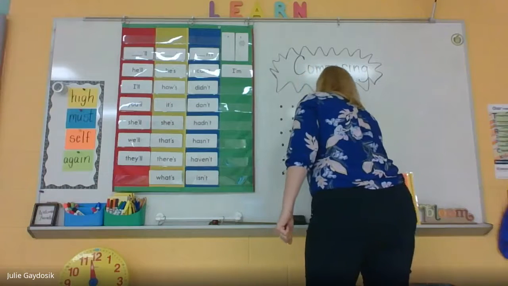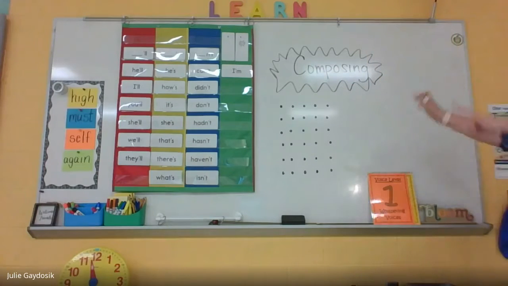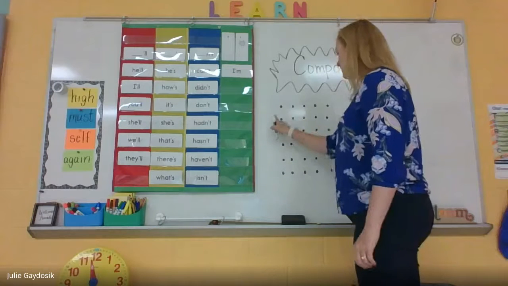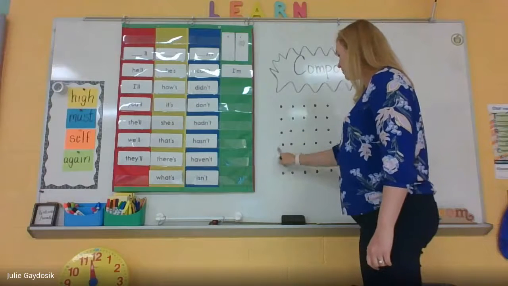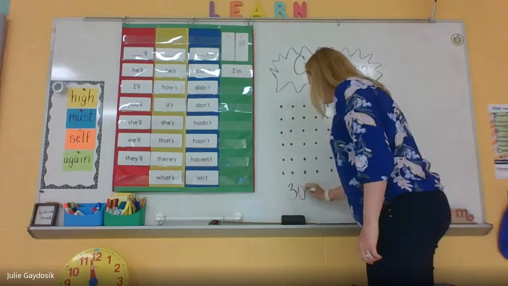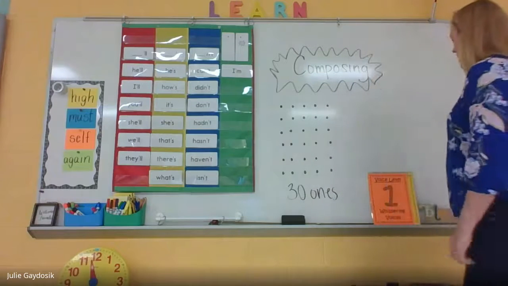And I'm organizing them into groups of 5 just because it keeps it nice and organized. Okay. This is 5, 10, 15, 20, 25, 30. This is 31 ones. Okay.